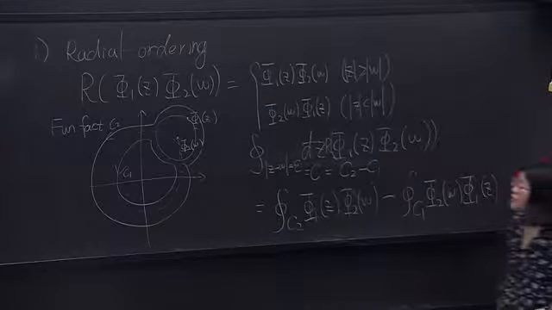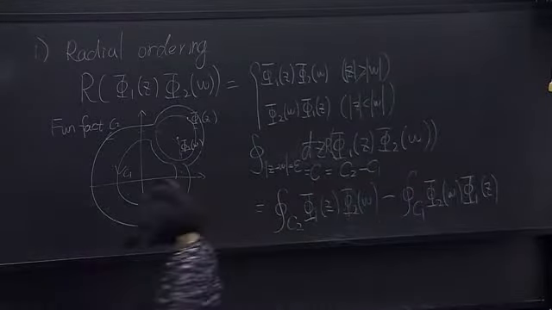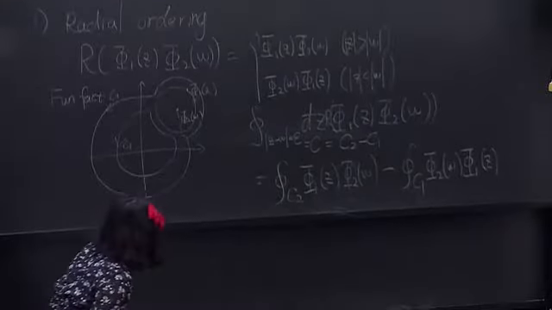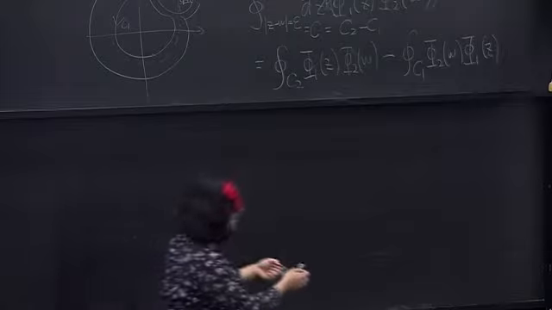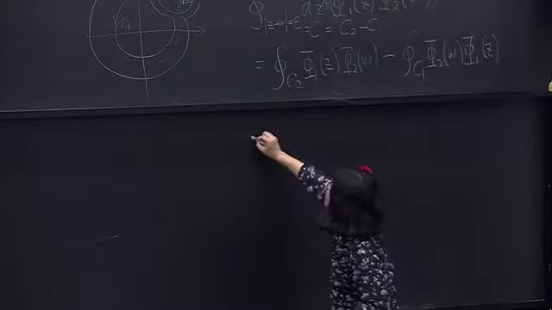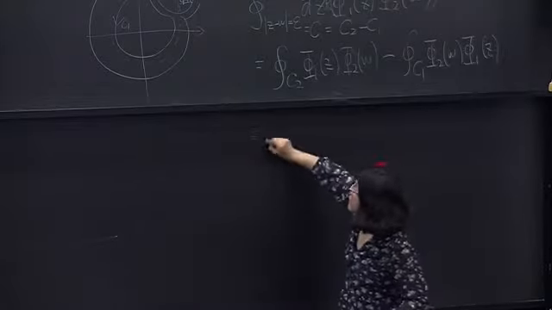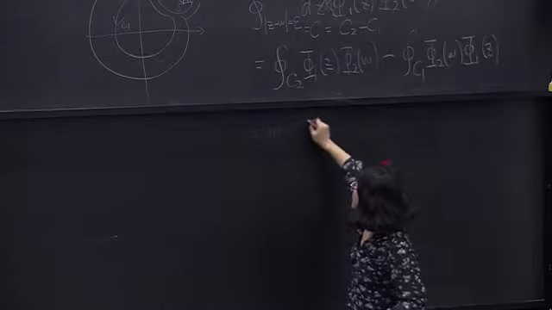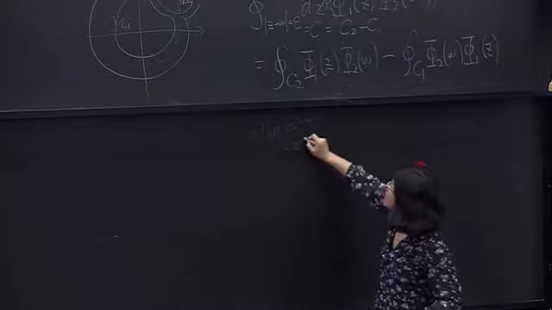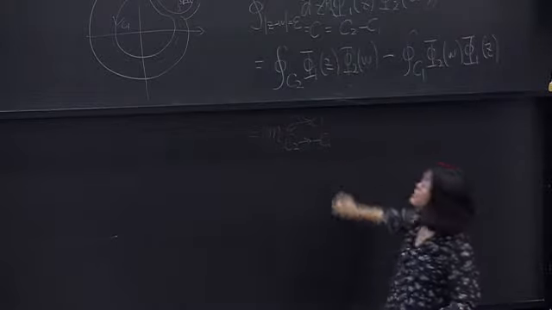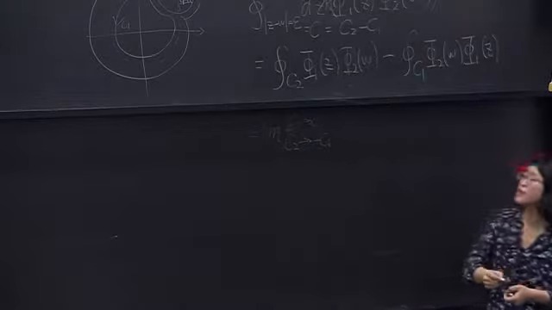Now I can do the trick of taking them to be really close. The next step is to take a limit such that epsilon goes to 0, and we make the C2 contour really, really close to the C1 contour.